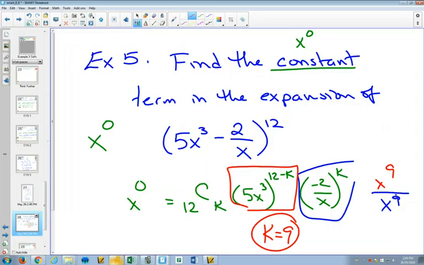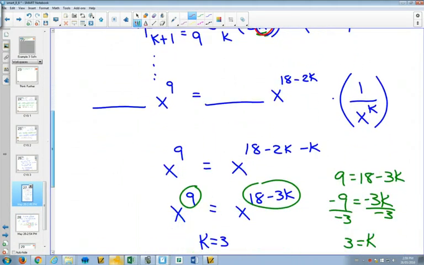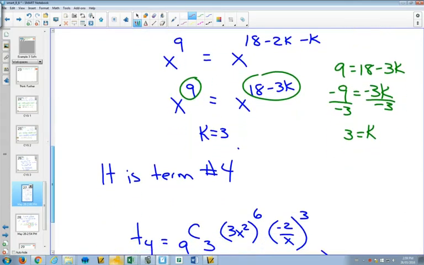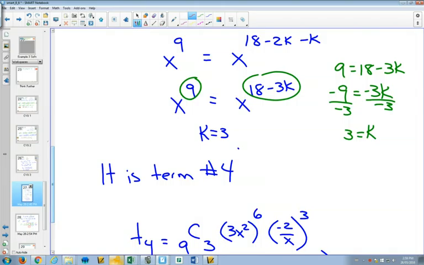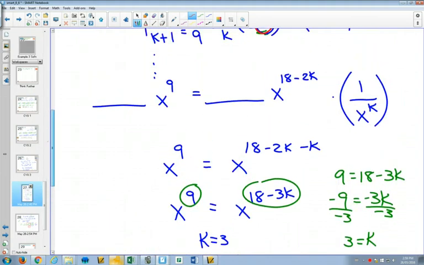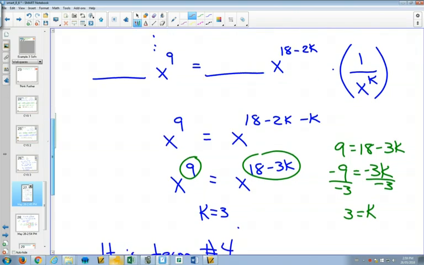The only thing you have to be careful of on your final exam is that some years they will say, find the term algebraically. Then they're going to require that you show all of these ideas and these steps to figure it out. You're going to say, I'm going to ignore the numbers in front, just think about the exponents, and use my exponent laws to figure out what k is.